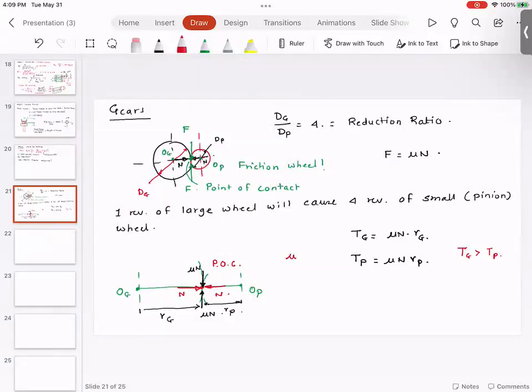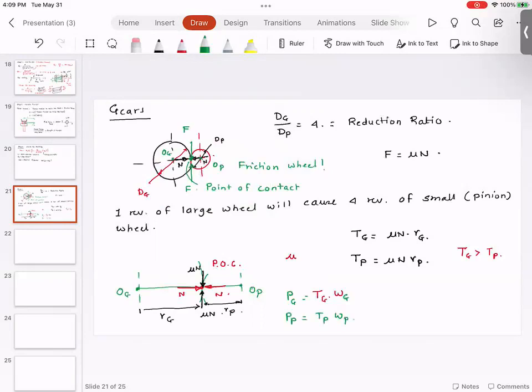Now, please understand, power can neither be created nor be destroyed, because power is nothing but energy divided by time. So if I were to write this equation, torque of the gear multiplied by the angular speed of the gear gives me power of the gear. Power of the pinion is torque of the pinion multiplied by angular speed of the pinion.